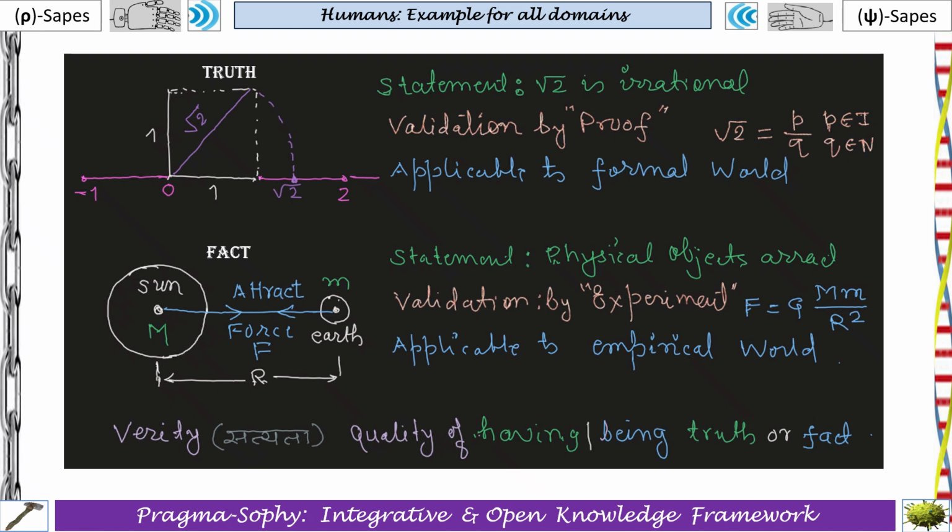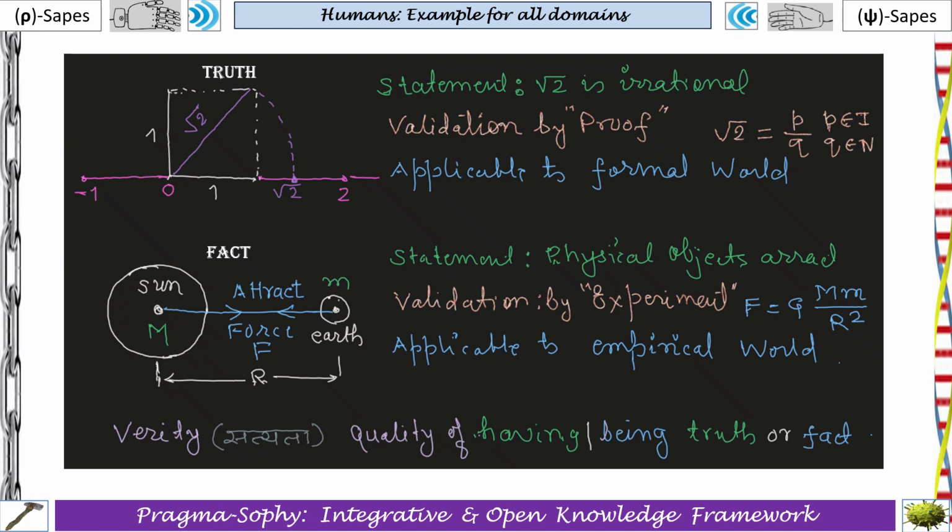Then through a series of logical steps, they show that this assumption leads to a contradiction, revealing that the initial assumption must be false. This rigorous process is applicable to the formal world, where logical consistency is of paramount importance.